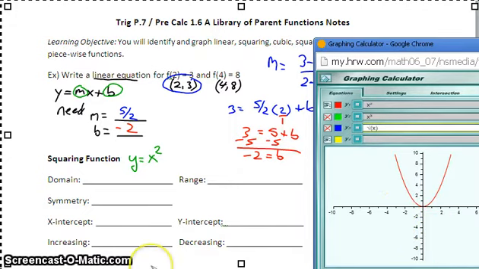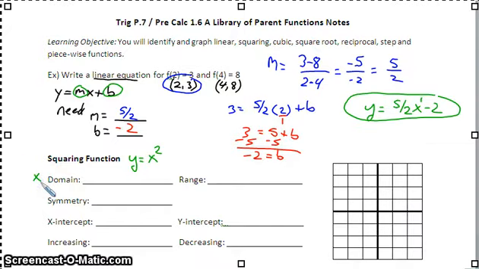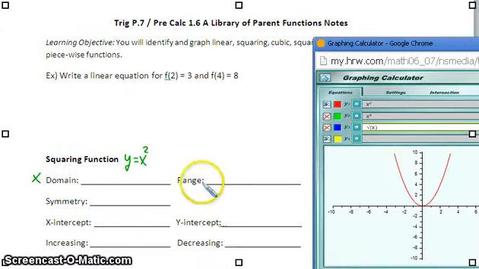Alright, so once you have the graph, if I'm asking you to come up with some information about the graph, if I ask you to find the domain, remember that's the x values, and the range would be the y values. So looking at this graph, which x values are working for my graph? Well, let's just focus on the positive values. So the positive values start here, and then notice that the graph is going out.